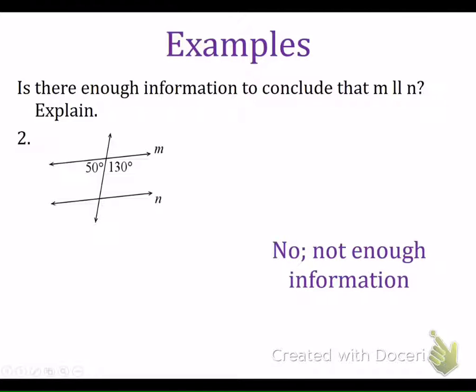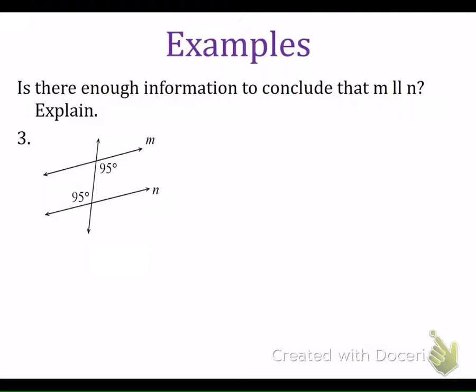No. So there is not enough information. You can't say, no, they're not parallel. We just don't know. Not enough information. What we're looking at here is that there's a linear pair that adds to 180. We already know that. That's the definition of being a linear pair. So if one of the angles is completely left out of any of the information, that's a good indicator that you don't have enough information.